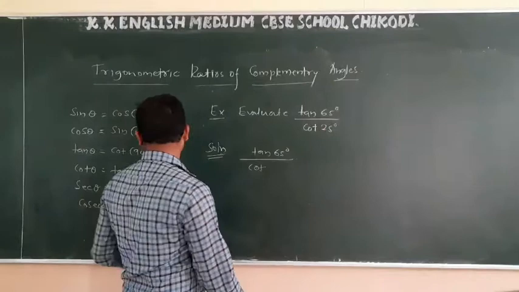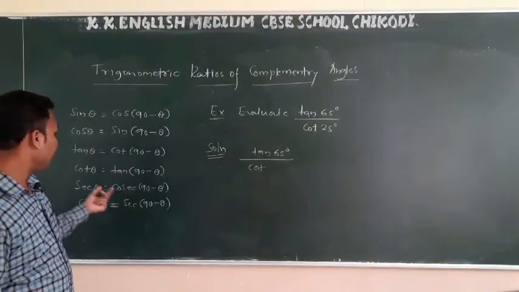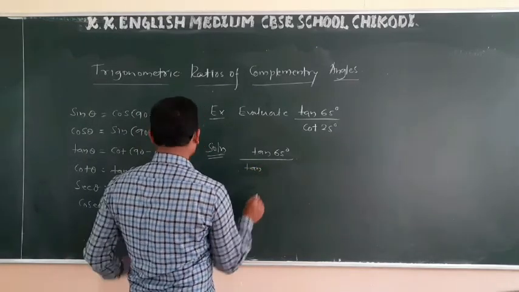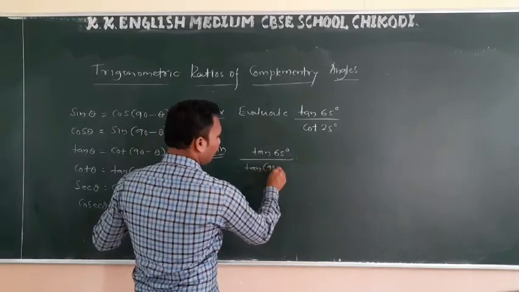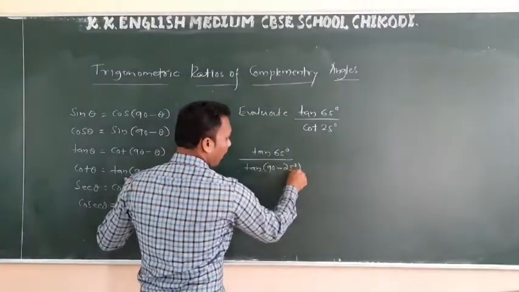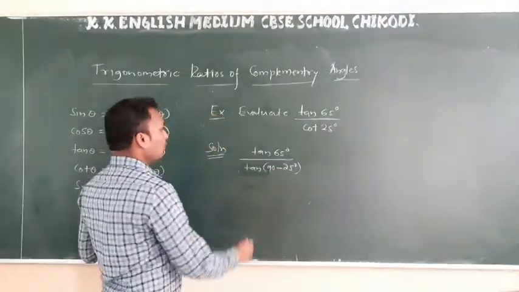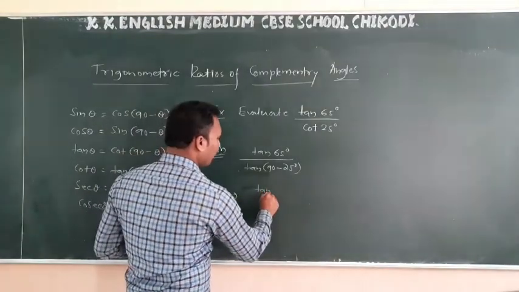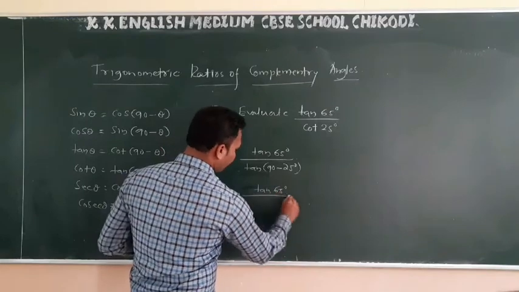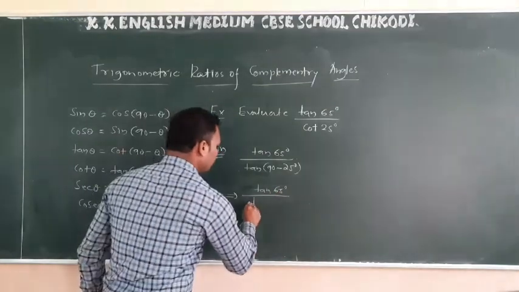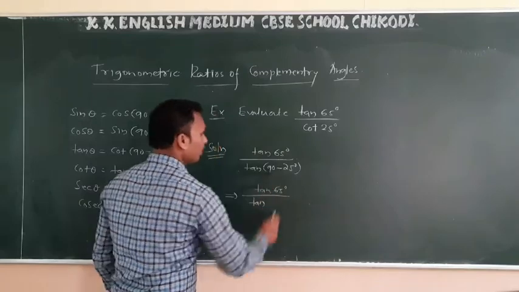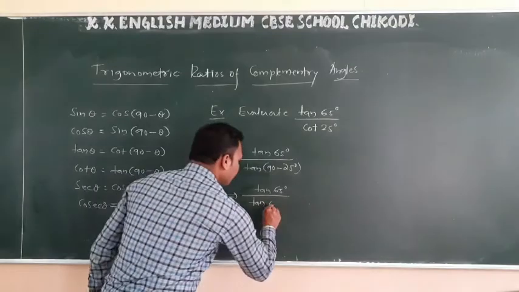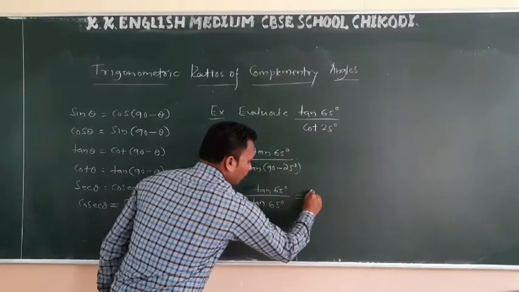So cot of 25 degrees I write as tan of 90 minus 25 degrees. So this is tan of 65 degrees divided by tan of 90 degrees minus 25 degrees, which is again 65 degrees. So the answer will come 1.